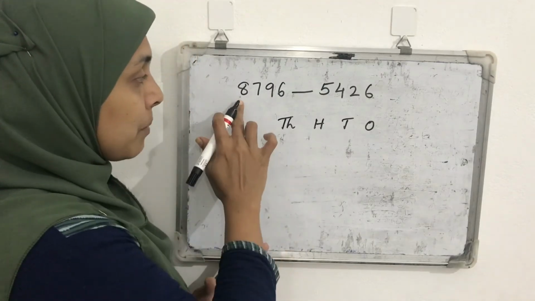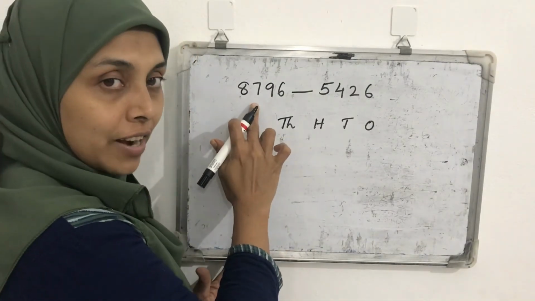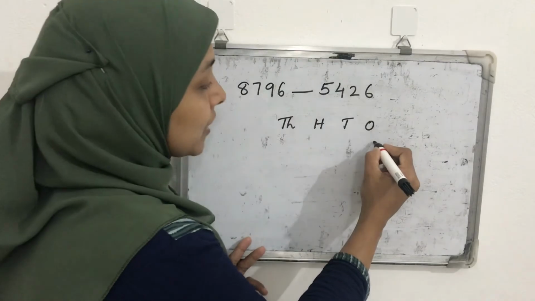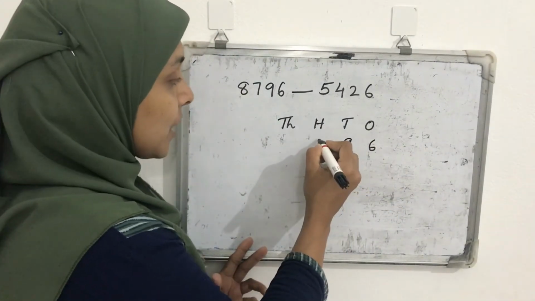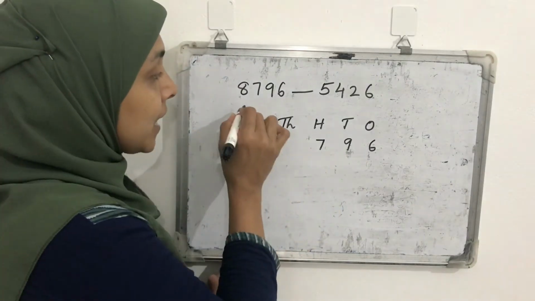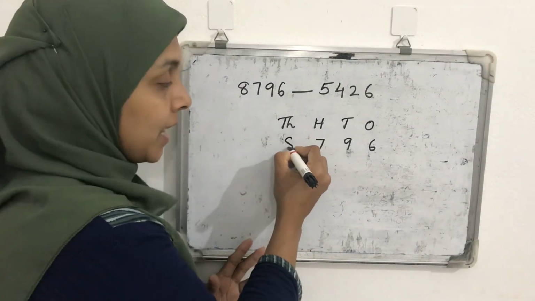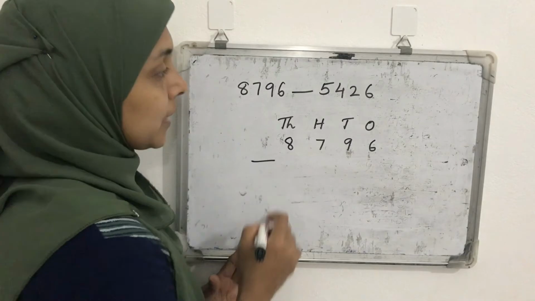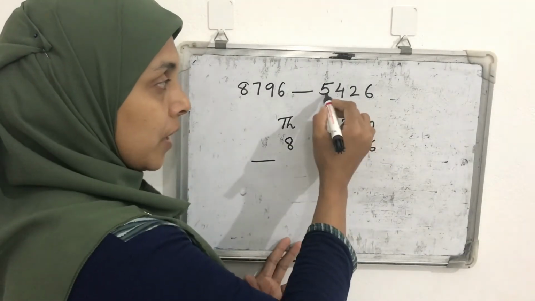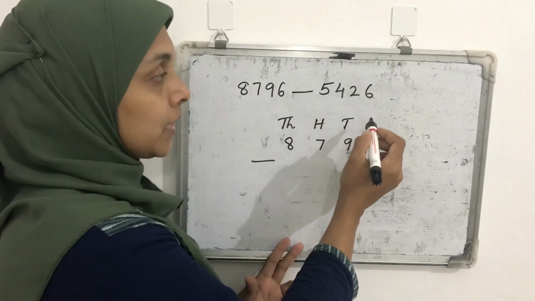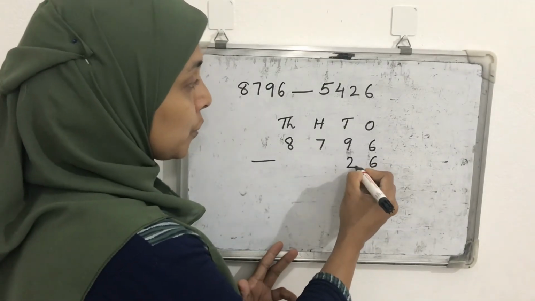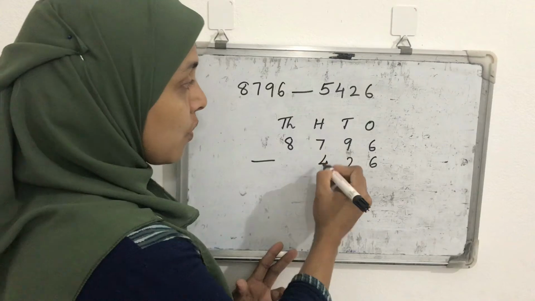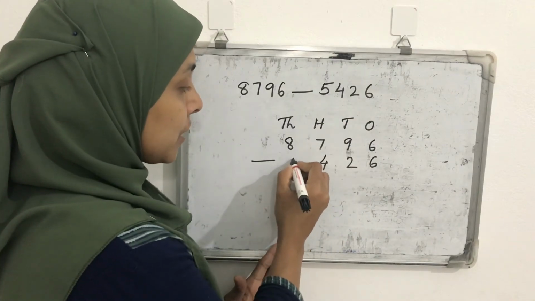First number 8796: ones place digit 6, tens place digit 9, hundreds place 7 and thousands place 8. Next number 5426: ones place 6, tens place 2, hundreds place 4 and thousands place 5.